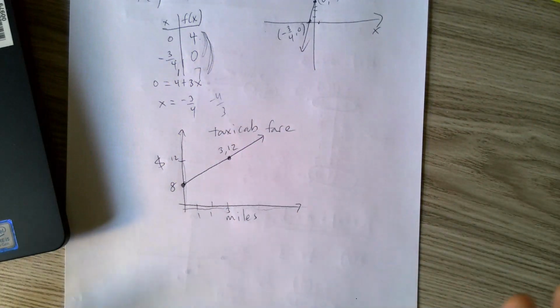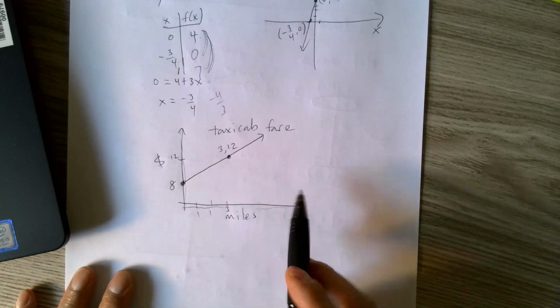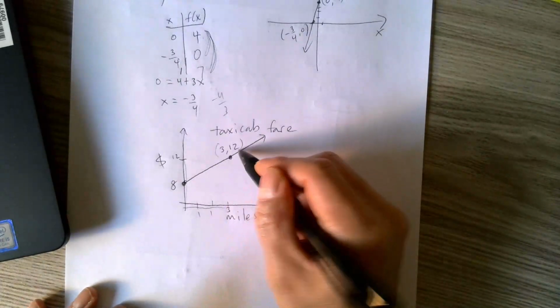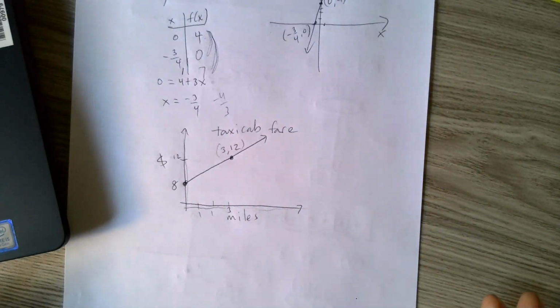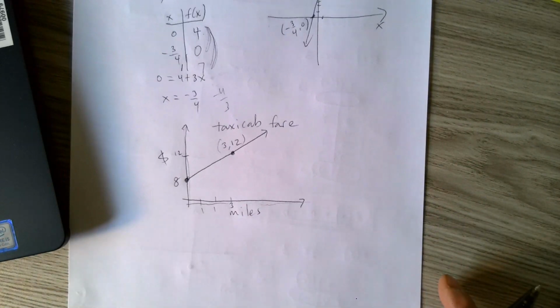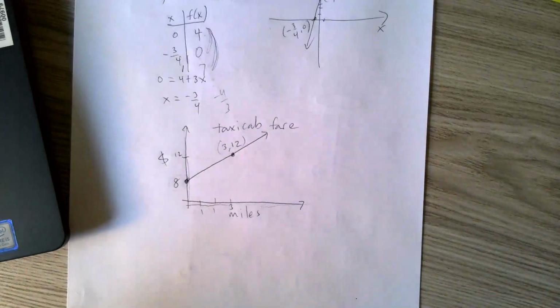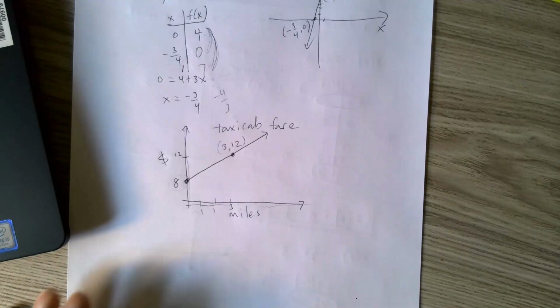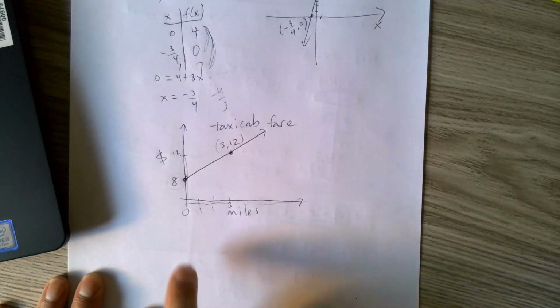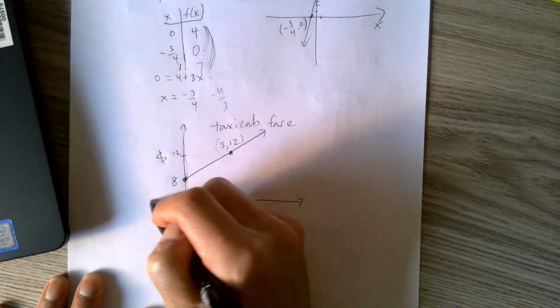Okay, so what does this tell you? Well, it tells you that the more miles you go, the more expensive your taxi fare is going to be. That makes perfect sense. What does the y-intercept tell us about this? Well, this point is at 0, 8.